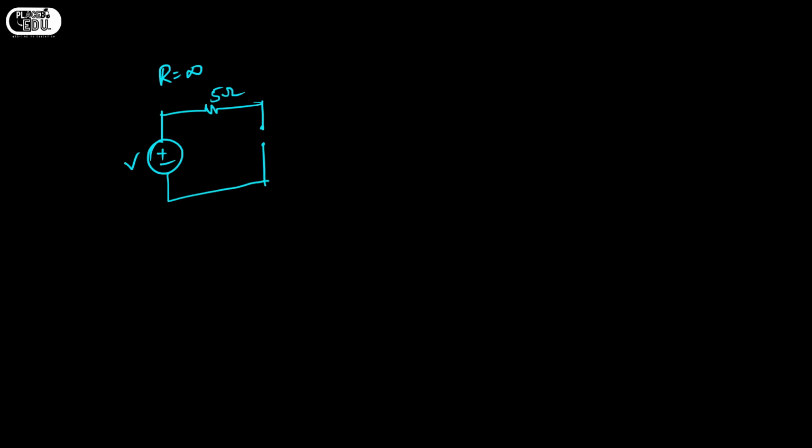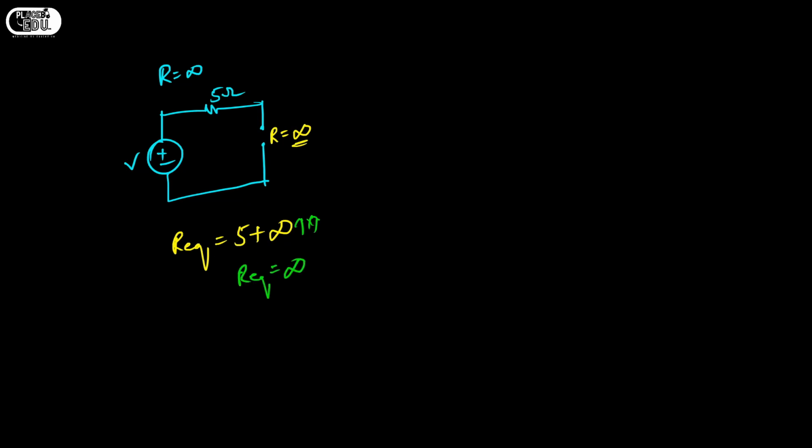I have already said that R equals infinity for open circuit. Now we have to find R equivalent. This 5 ohms and infinity are in series, so 5 plus infinity is not undefined but infinity. Since infinity is far greater than 5, R equivalent will be infinity.